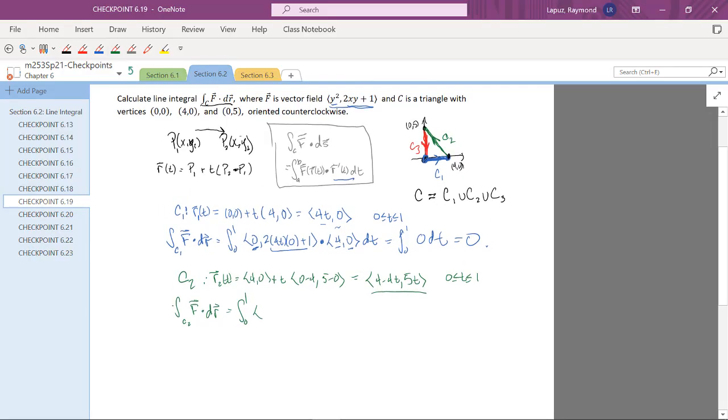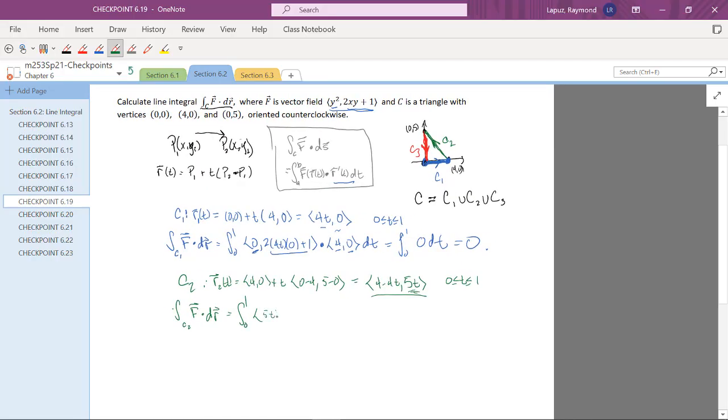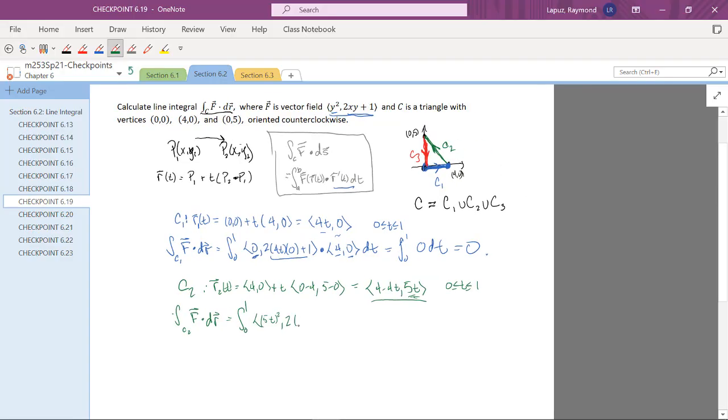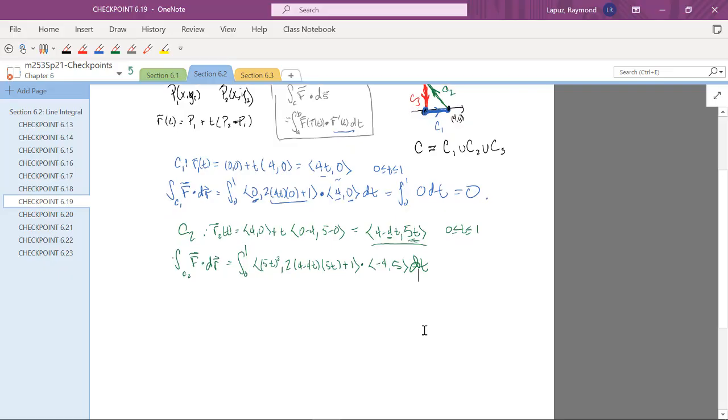Now the y is 5t, so this is going to be (5t) squared, and then we have 2 times x, which is 4 minus 4t, times y, which is 5t, plus 1. We will dot this with the derivative of this parameterization, which is going to be (-4, 5) dt.